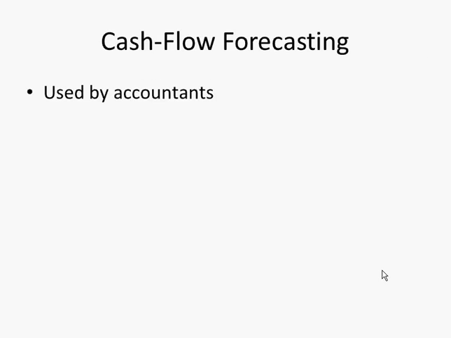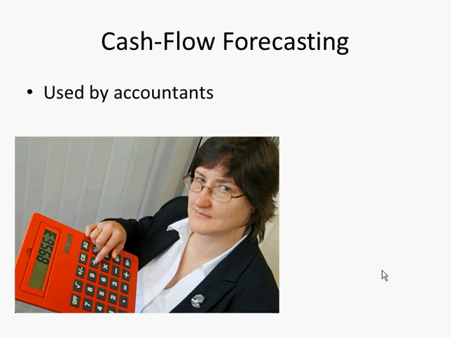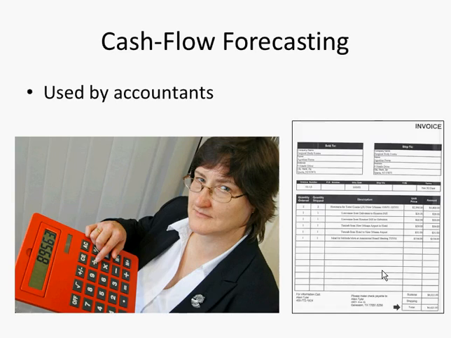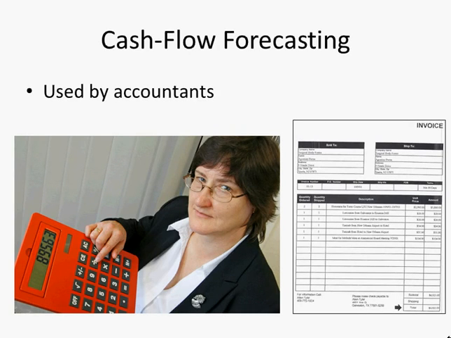Cash flow forecasts are used by accountants to always make sure companies have enough cash to pay their bills. The forecasts look at the same data from previous years to predict when money is coming in, so they can also predict if they need to stall payments they need to make for their bills.